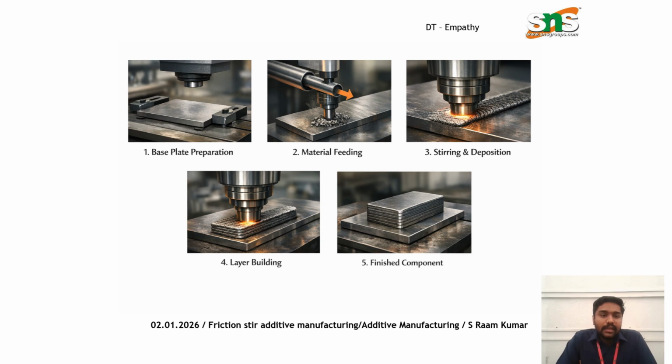The base plate will be a different metal, and the metal feeder will be of different types of metals. If you are producing the friction by using a rotational mechanism, the metal will get melted and then deposited on the metal plate or the base plate.